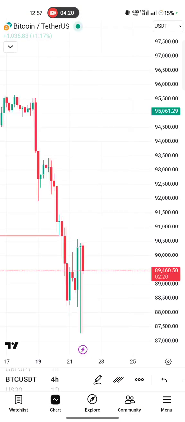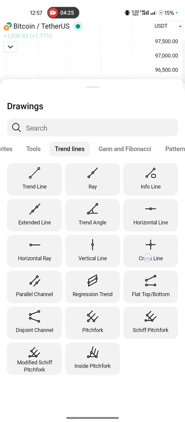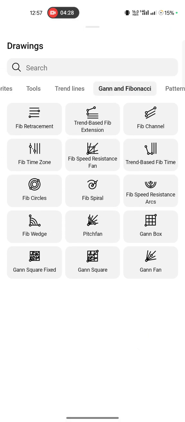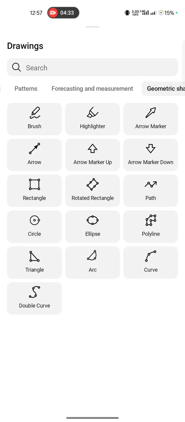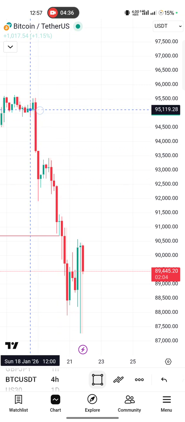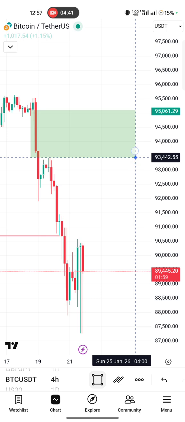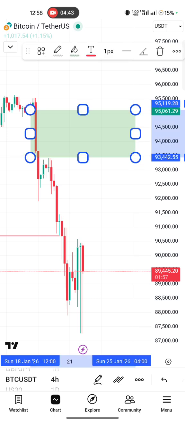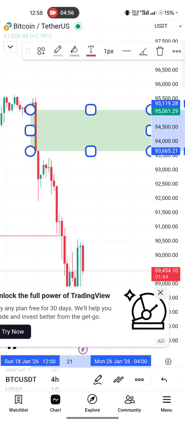Now, this is my TradingView. Let us assume the market pumps from here. From 95,000, let's pick 95,000 and let's pick 93,500.